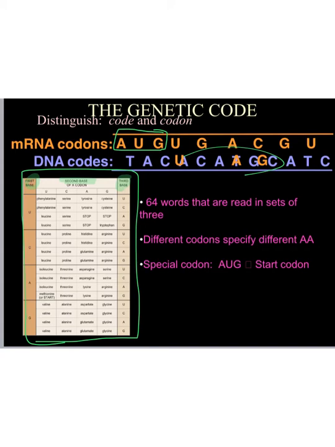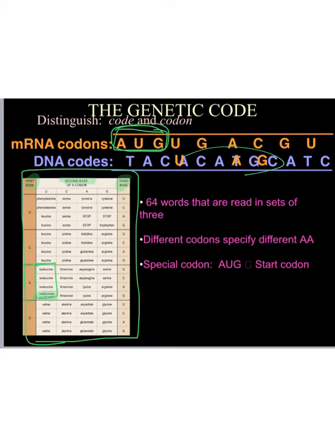So if we were to take A-U-G as our first word in our series, we would come over here to A, that's our first base, and then across the top we come to U, and so we know that we were working somewhere in this box right there, and then we would go over here, our third base, to G. And so we know that we are working right here in this box because that's where all 3 of those letters meet.